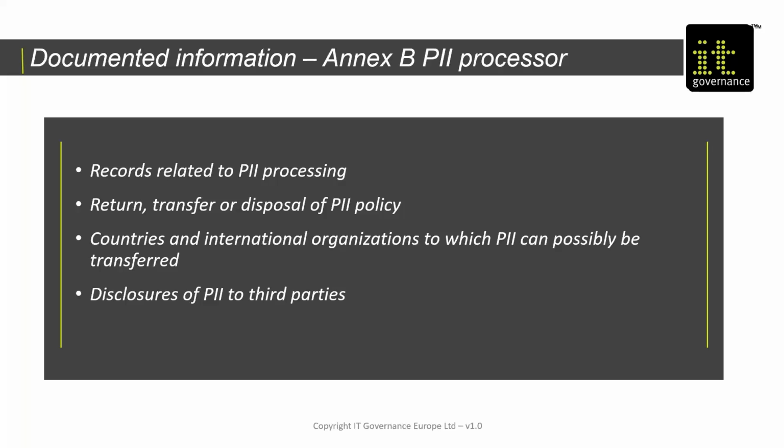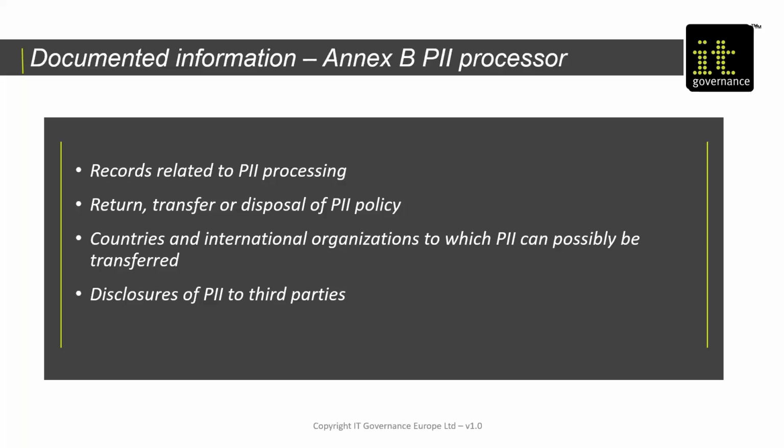When it comes then to the Annex B PI processor obligations, documented evidence is required in relation to each of these areas. So for example, Annex B Control 8.2.6 says that the organisation must determine and maintain the necessary records in support of demonstrating compliance with its obligations for the processing of PI carried out on behalf of the customer.